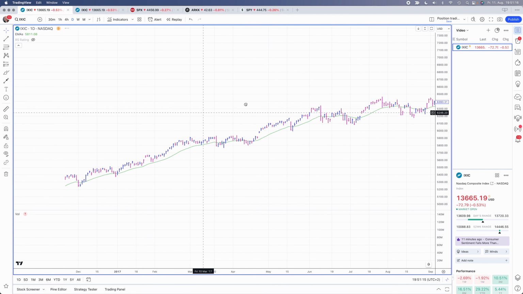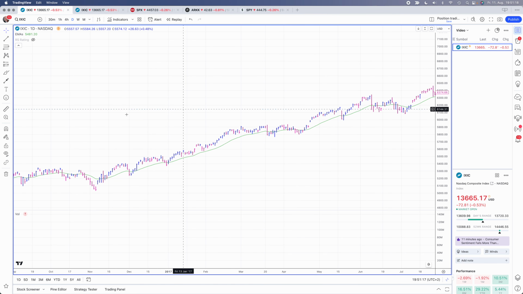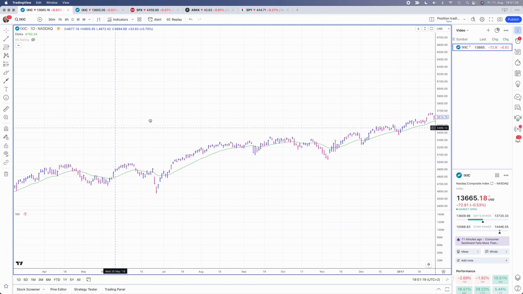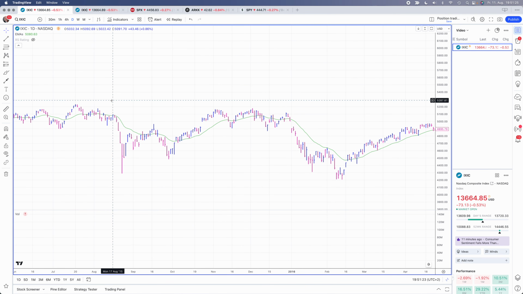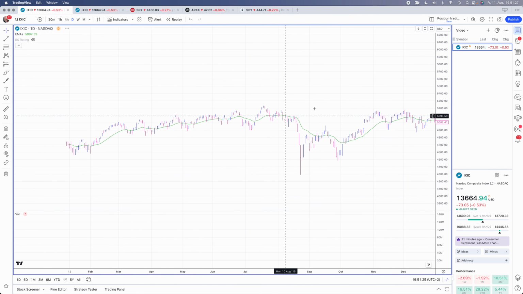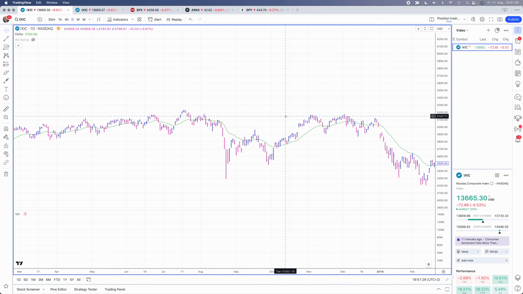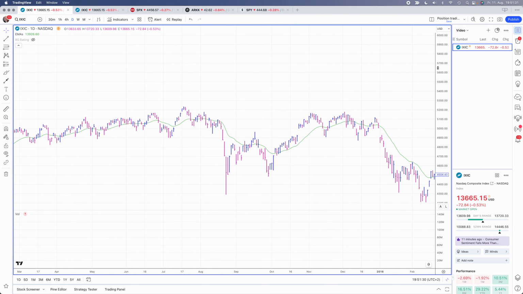So if you go back in time, you can see, especially in clear trend periods, this indicator helps you to stay in the market and stay on the right side. But if we look at 2015 here, for example, which was a very, very difficult trading period because the market was going sideways all the time, you get a lot of wrong signals.